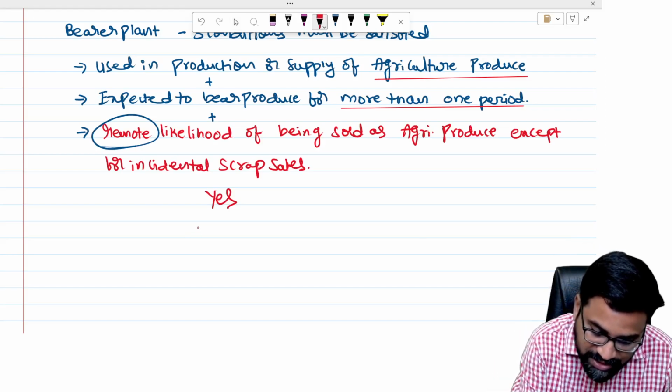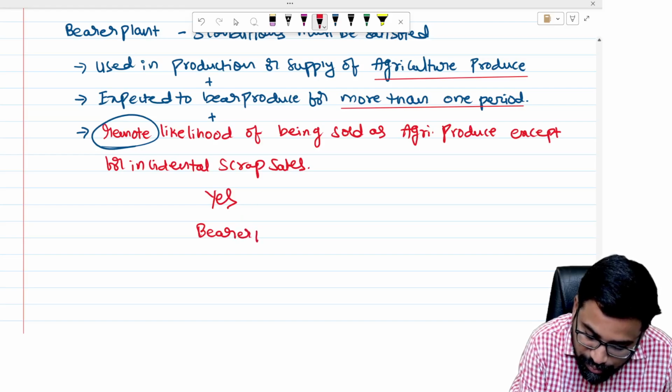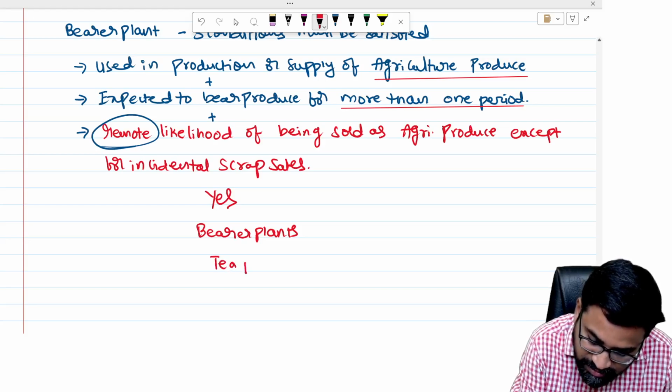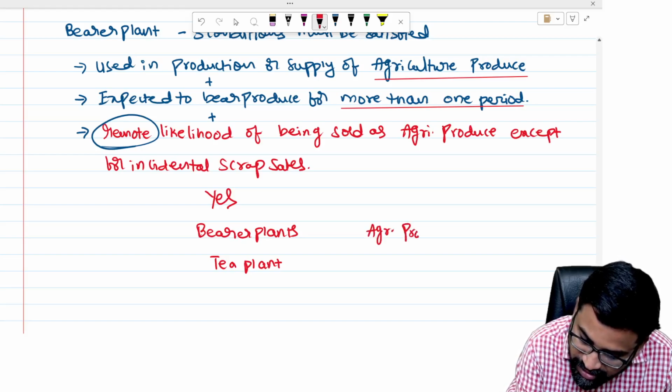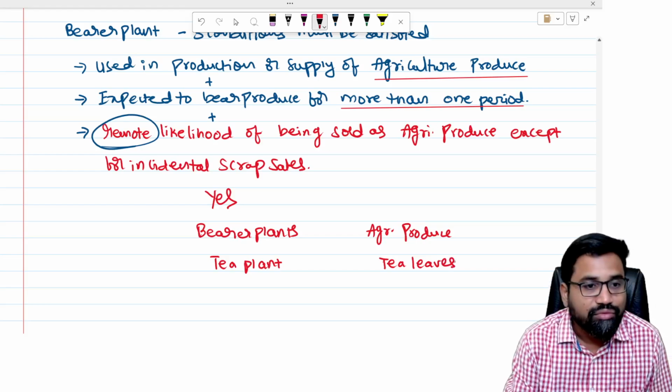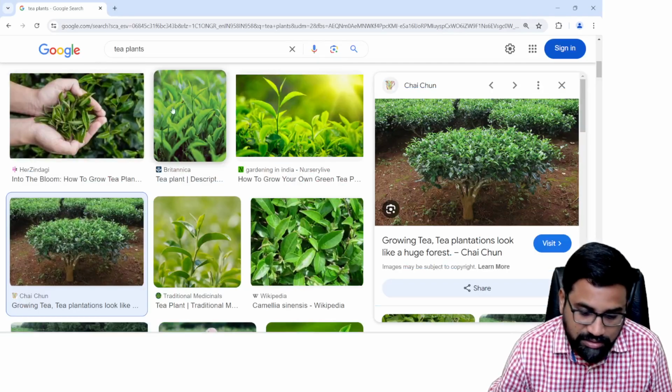So for bearer plants, the example could be the tea plant. And what is the agriculture produce it gives? The tea plant gives tea leaves. So for the tea plant, this standard is applicable, but for tea leaves, this standard is not applicable.